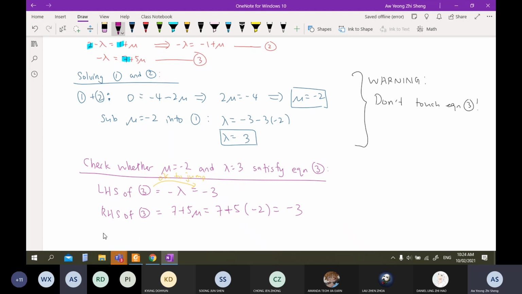So you say, since left hand side of 3 is equal to the right hand side of 3, mu equals to minus 2 and lambda equals to 3 satisfy equation 3.